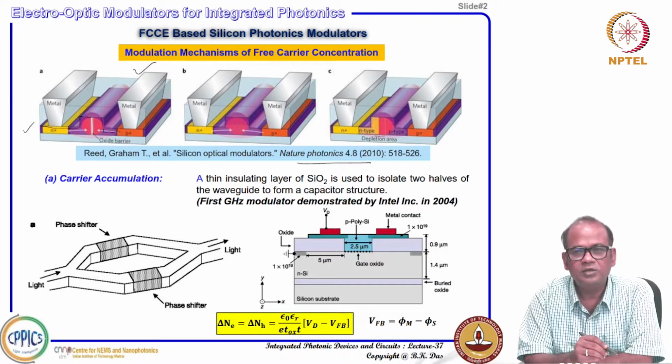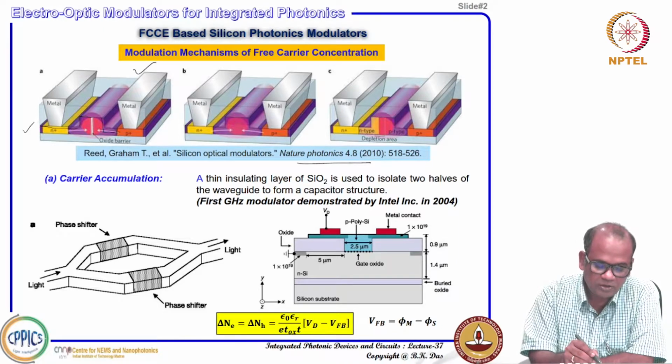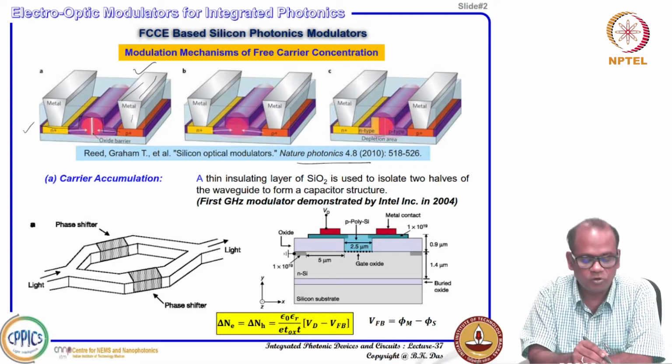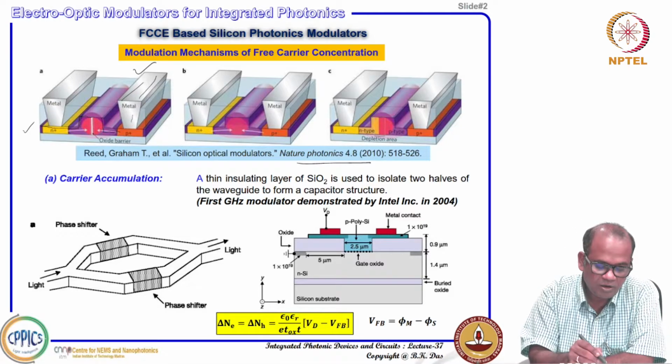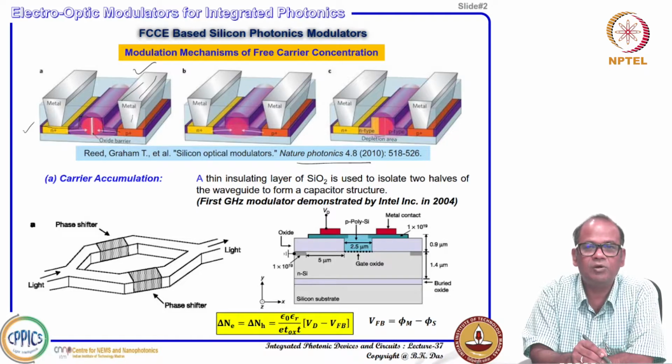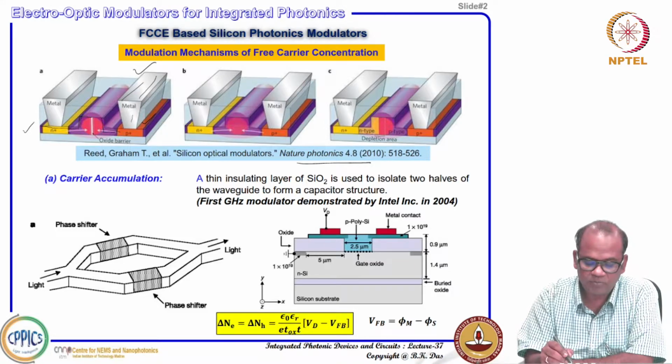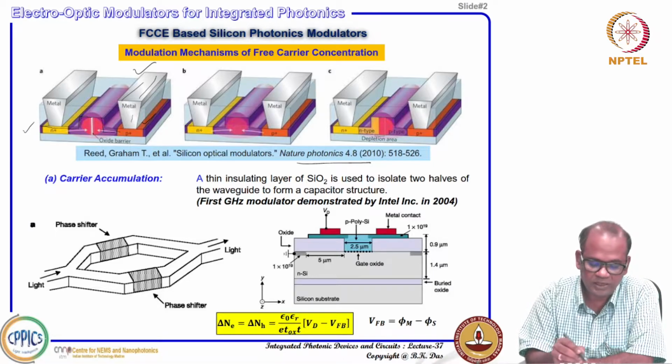P plus means it is moderately doped, and on top of that you can have a metal structure so that you can make a contact with the P plus, and you can also have N plus, and inside this can be your low doped regions, and in between you can have a very thin layer of oxide barrier. Okay, this is one type of structure, and then another type of structure is basically similar, but this thin layer of oxide is not there.